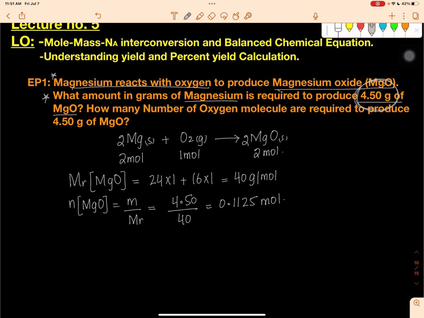So we are going to find out what amount of magnesium is required to produce this 4.50 grams of magnesium oxide, which is 0.1125 moles. So we are going to do a little ratio. This shows the start of a new step. We make a ratio using magnesium oxide from the balanced chemical equation, which sets a scale.